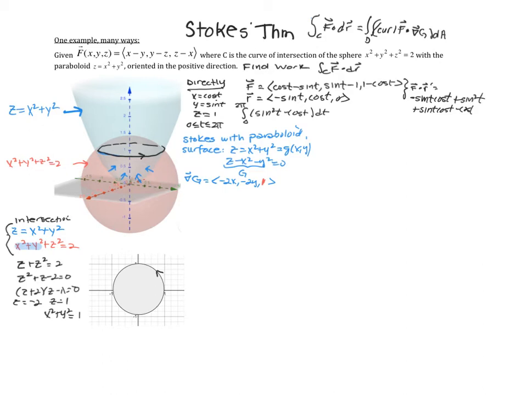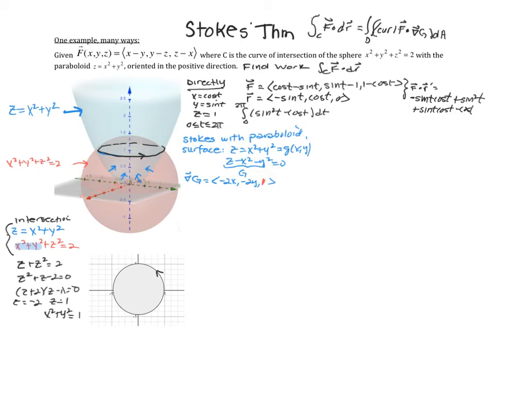The way your book does it is if the curve is negative orientation, we'll just find it for positive and then take the opposite of the answer at the end. Either way, we're going to do positive orientation for the curve and positive for the surface.